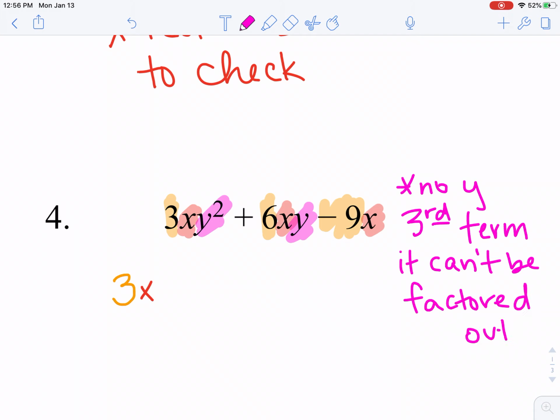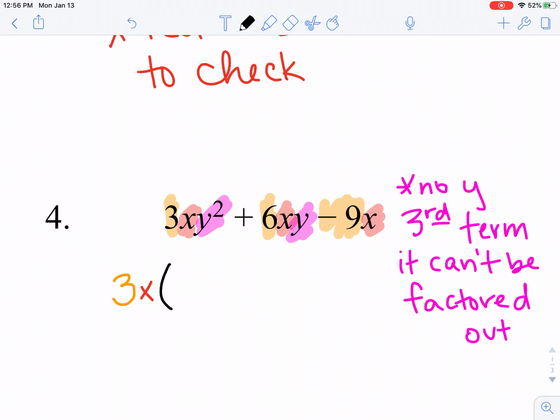Okay, so don't try to pull a y out of those first two terms because there isn't one left in that third term to pull out. Remember, whatever we are factoring out of these expressions has to appear in all of our terms. So if all we can factor out is that 3x, then we're going to write down what's left.